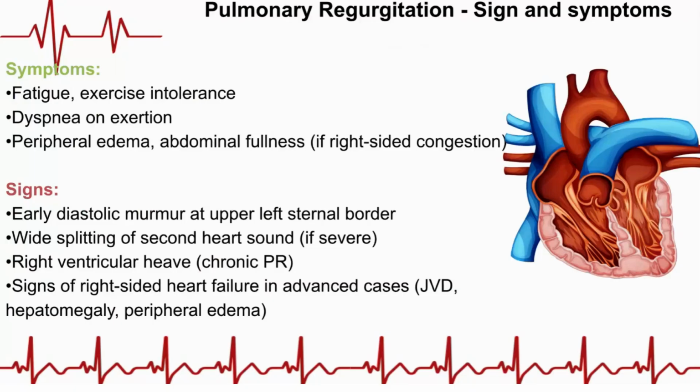So your signs from your abdominal exam, if there's any peripheral edema, your jugular venous distension, you should examine things like that, because they're the signs that this is moving into the moderate or severe category, this pulmonary regurgitation.